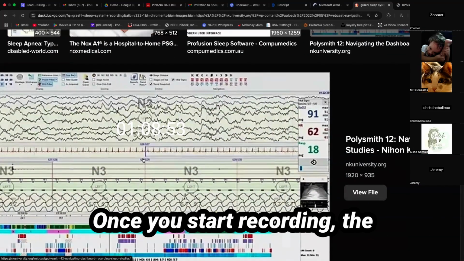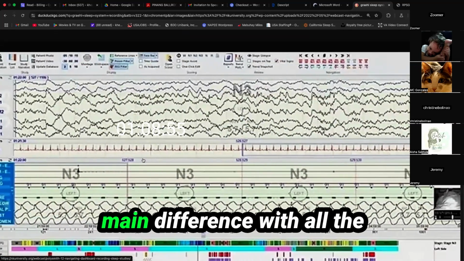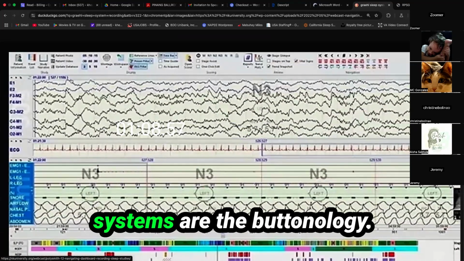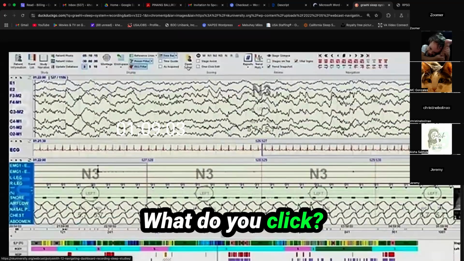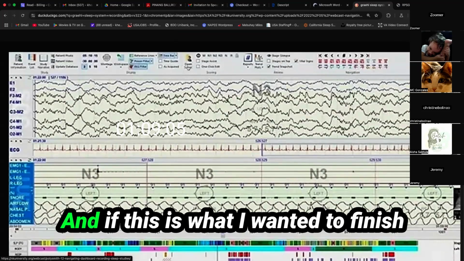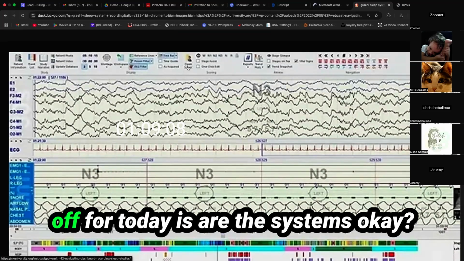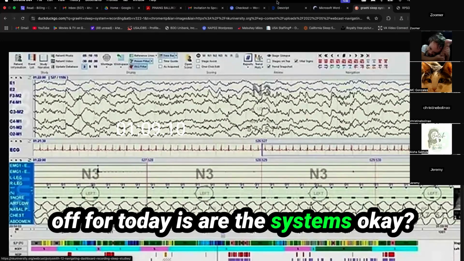Once you start recording, the main difference with all the systems is the buttonology. Where do you click? What do you click? This is what I wanted to finish off for today: the systems.